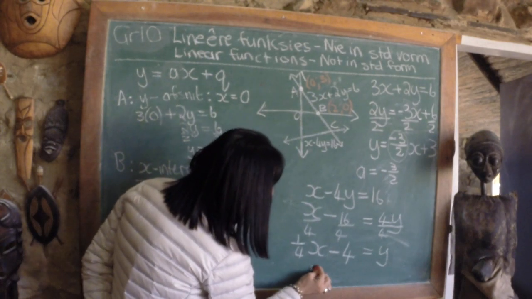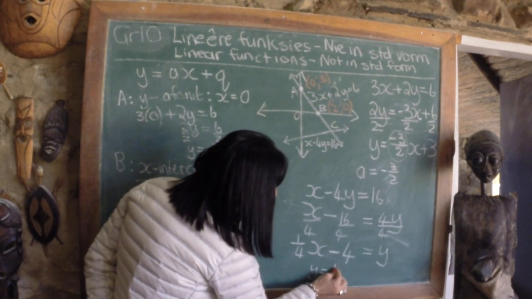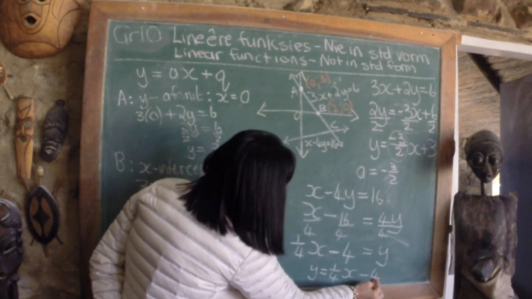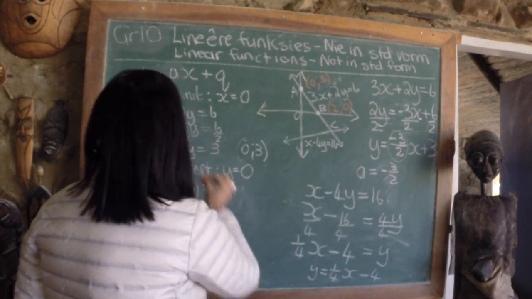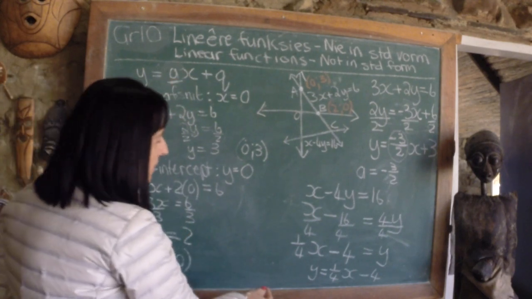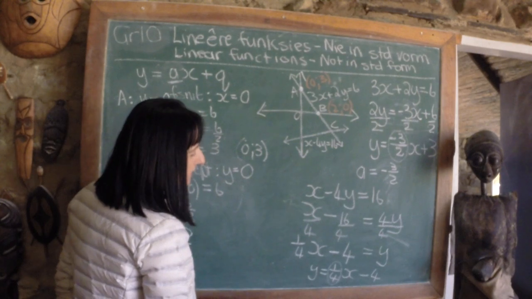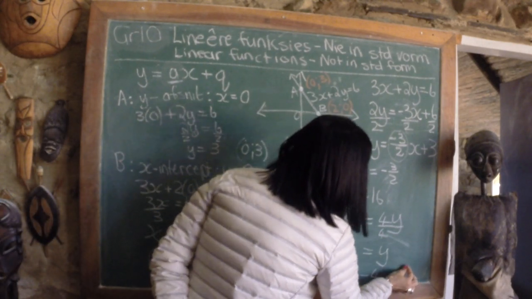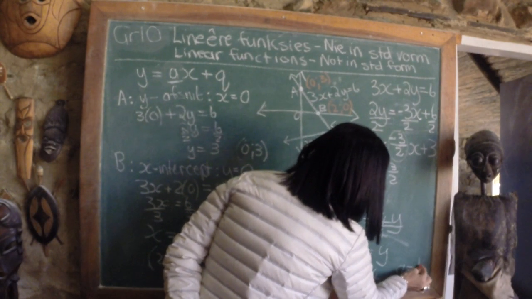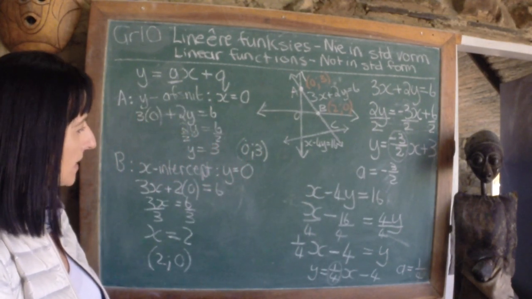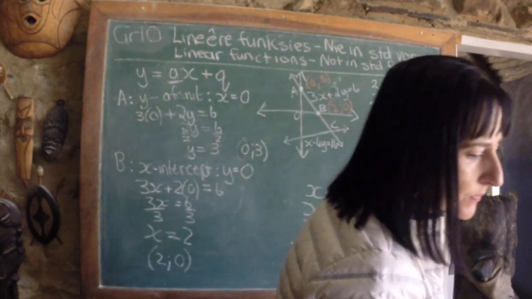So ek gaan sê y is gelyk aan 'n kwart x minus 4. And now I can read the gradient from the standard equation. So my gradient is gelyk aan 'n kwart. A is gelyk aan 'n kwart, my gradients. Goed.